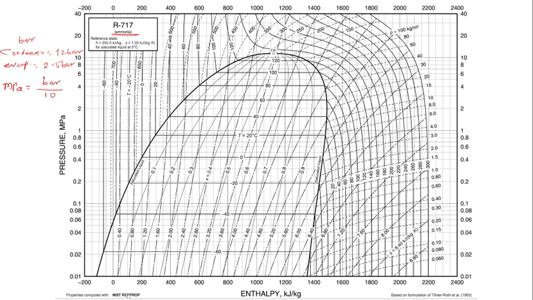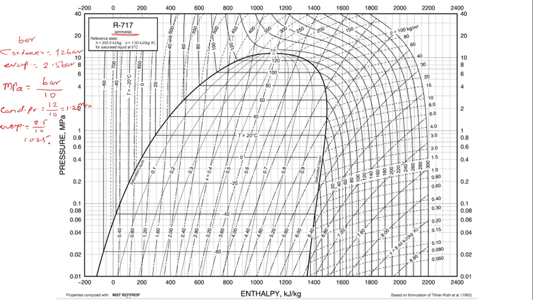So the condenser pressure of 12 bar becomes 12 by 10, which is 1.2 MPa, and the evaporator pressure will be 2.5 divided by 10, which is 0.25 MPa. This is how we will have the values.